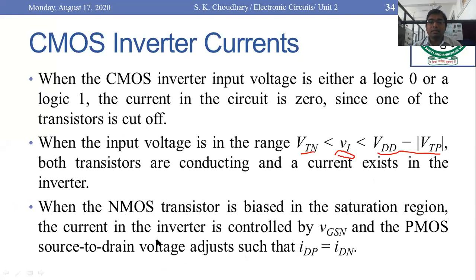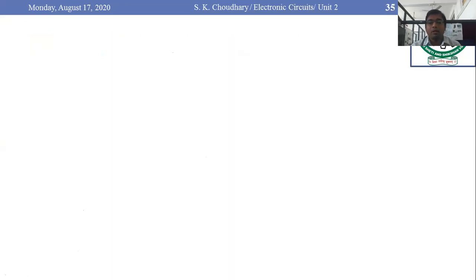And when NMOS transistor is biased in saturation, the current in the inverter is controlled by the gate to source voltage of NMOS, VGSN, and PMOS source to drain voltage, adjusted such that IDP is equal to IDN. Always in the CMOS, for any reason, the current flowing across the PMOS is the same as the current flowing across the NMOS.